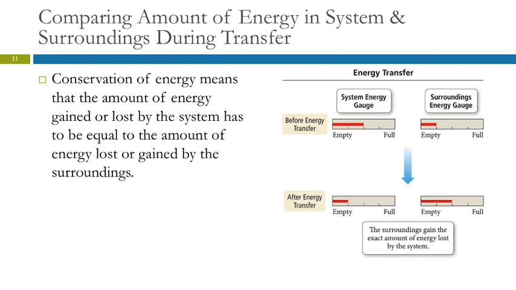So here they've illustrated this sort of like a gas gauge. So here's the energy gauge for the system, the thing we're looking at, the energy gauge for the surroundings, everything around it that it could exchange energy with. Now, if I'm looking at a beverage in a cup, I've got ice cubes and I've got the beverage, and I'm looking at how cold this is.